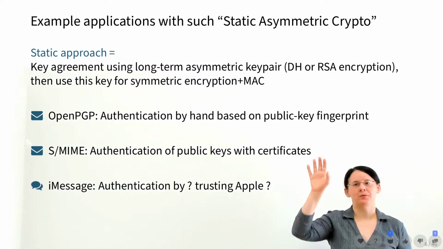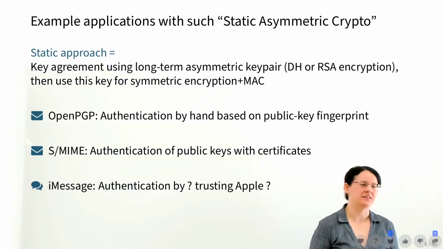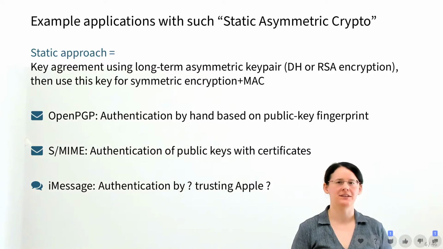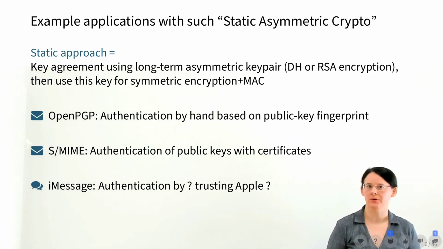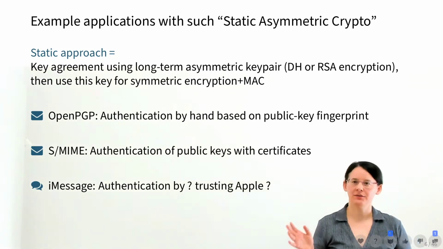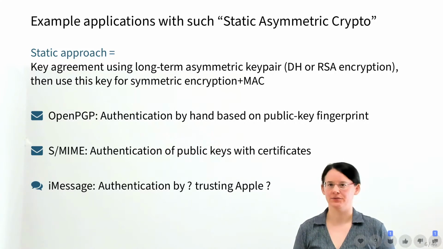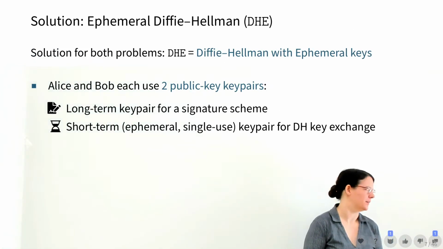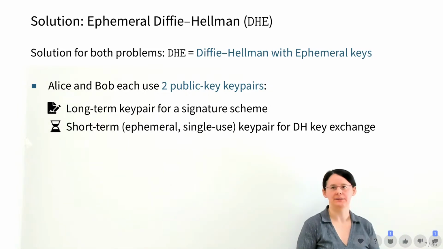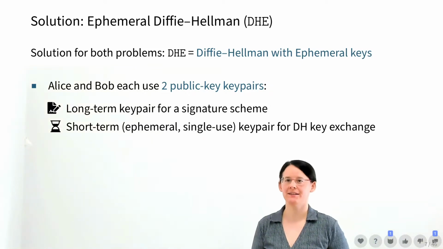So these are different approaches to solving the authenticity part. They all have some limitations, and additionally, they don't really provide any forward secrecy. So what can we do to fix both of these issues? This solution is called ephemeral Diffie-Hellman, or for short, DHE. What's the basic idea?